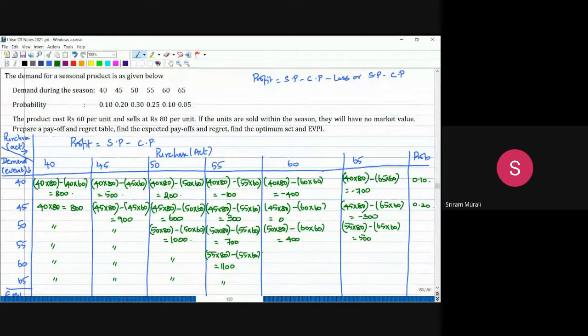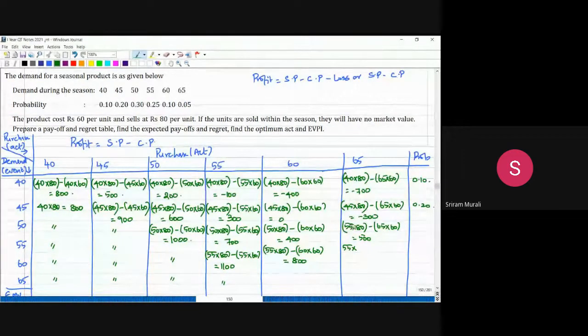So this will be different, though this is 55 into 80 minus 60 into 60. This is equal to 800, whereas it is 55 into 80 minus 40, 45.